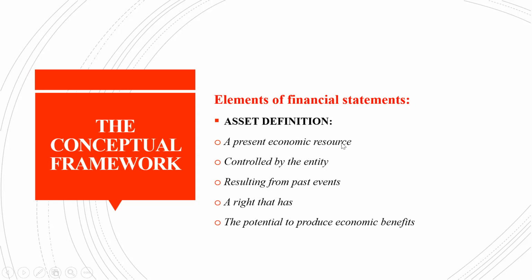Number two, but I will explain it in detail, don't worry. It's a present economic resource controlled by the entity, in this case the reporting entity, resulting from past events. So there has to be a historic event that transpired which resulted in an existing exercisable right in the form of an economic resource that the organization is allowed to put to effect.